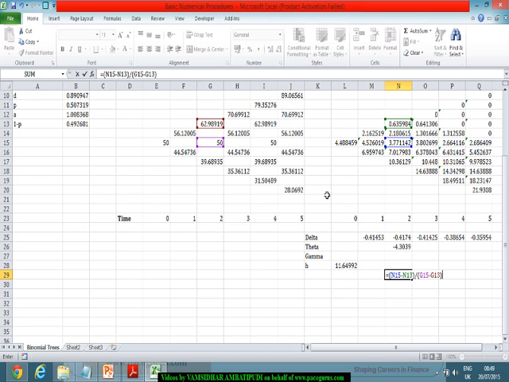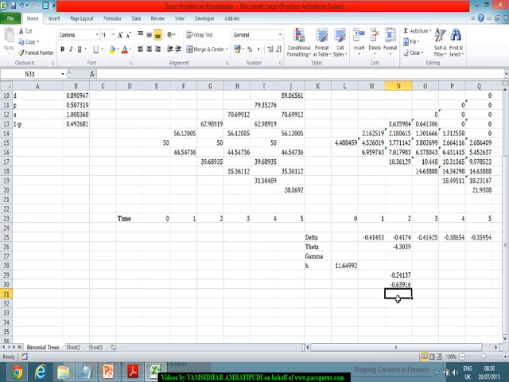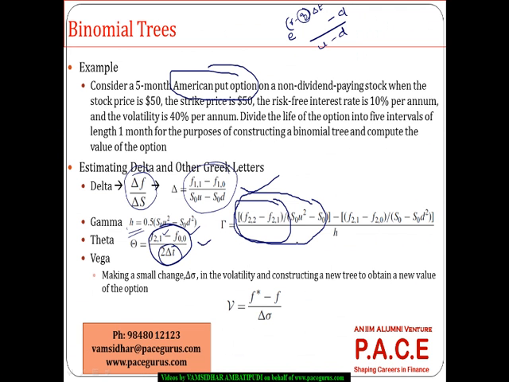So this is what is coming out as my first delta. Then the second delta is talking about the change in the option price from here to here for a stock price change from here to here. So this is one more. Now what we are saying is I take the difference between these two, 2 minus 21, which is this number, right, 2 minus 21 S naught u squared by minus S naught.